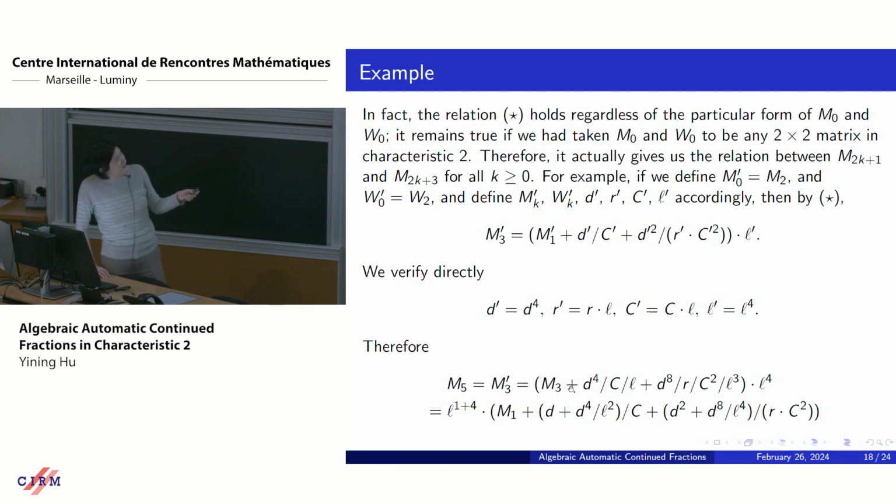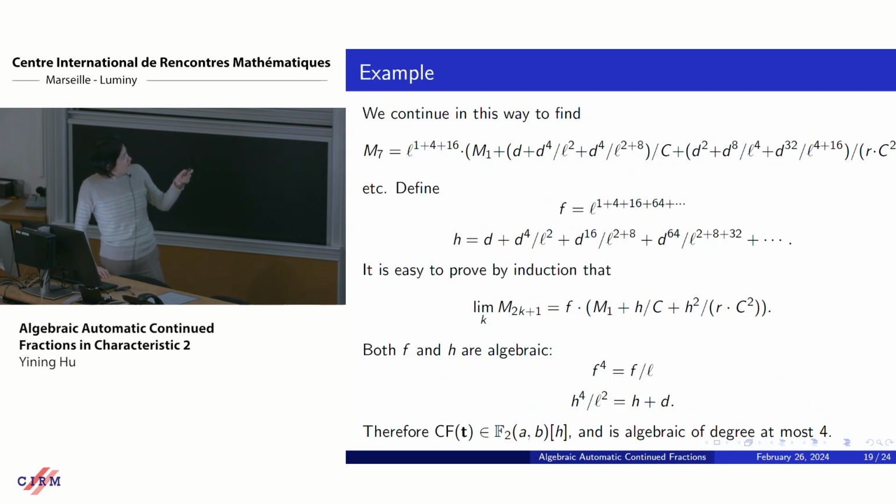And when I continue this way, I can get the general expression for M2k plus 1. And we can see that there is a pattern that we can see clearly. So finally, if I define F to be this thing and H to be this thing, then the limit of M2k plus 1 is just this thing.